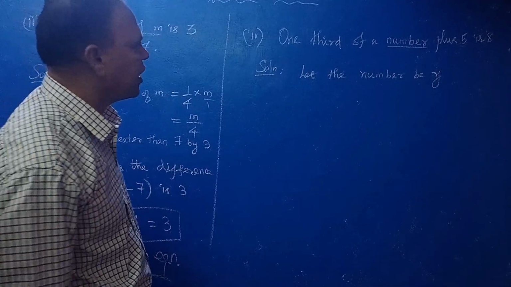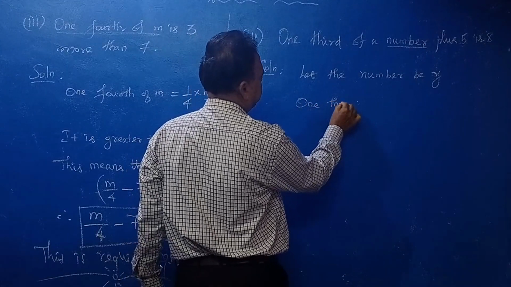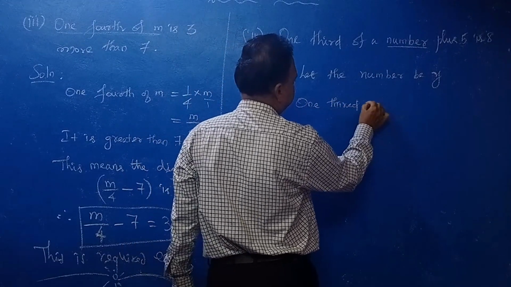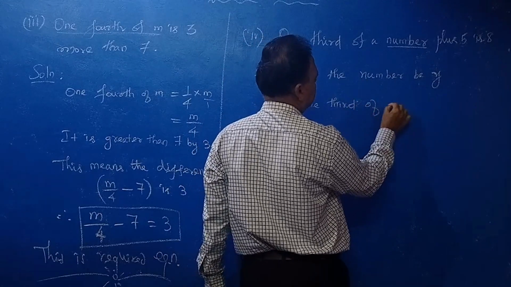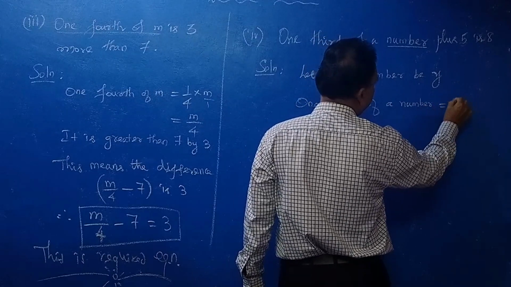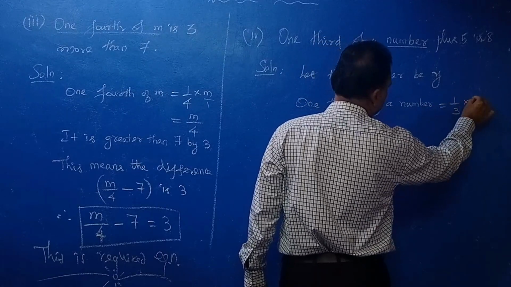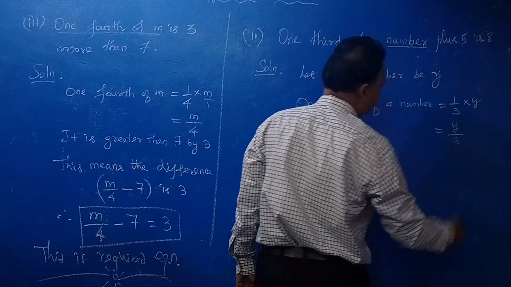Now 1/3 of a number means 1/3 of Y. 1/3, and 'of' means multiplication, into Y. So this can be written as Y/3.